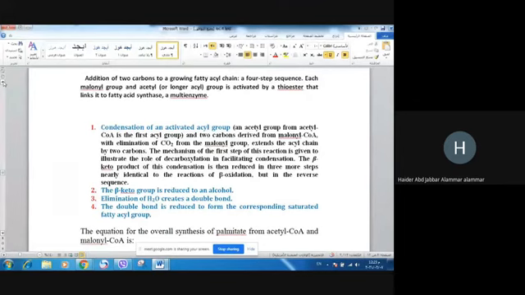The mechanism of the first step of this reaction is given. حكينا illustrated the role of decarboxylation in facilitating the condensation. قلنا هو المالونيل 3 carbon atoms والاستايل coenzyme A 2 carbon atoms when bind or join together there is a decarboxylation process and release of carbon dioxide and will form 4 carbon atoms.